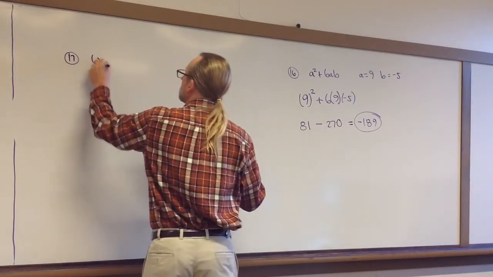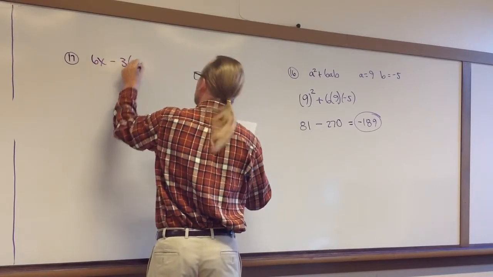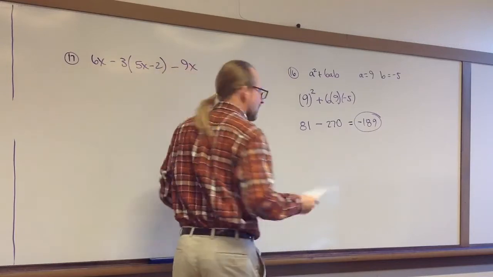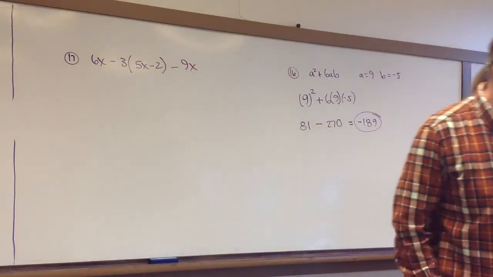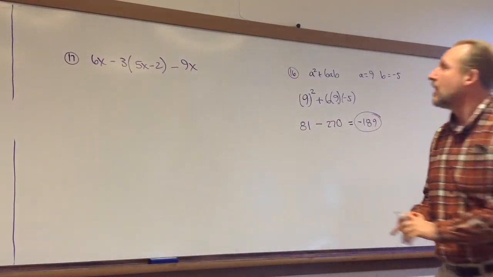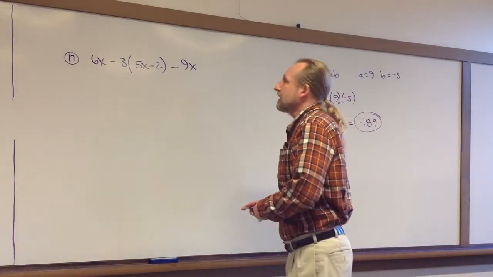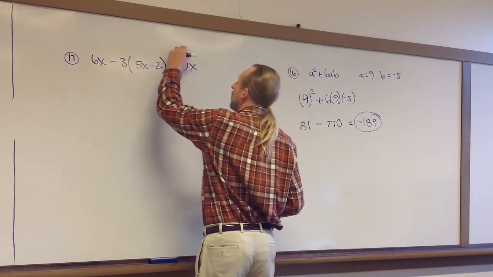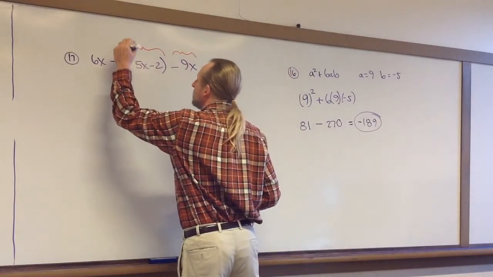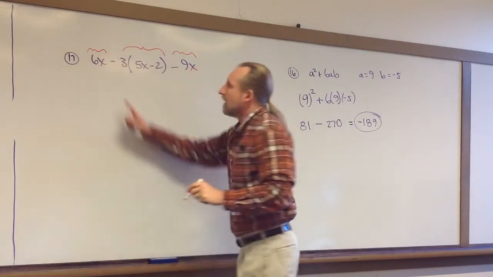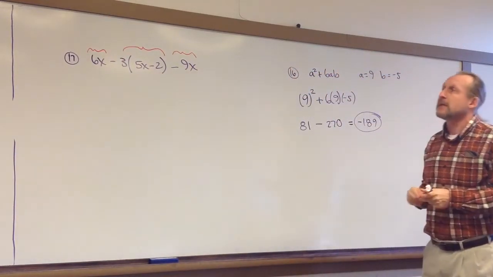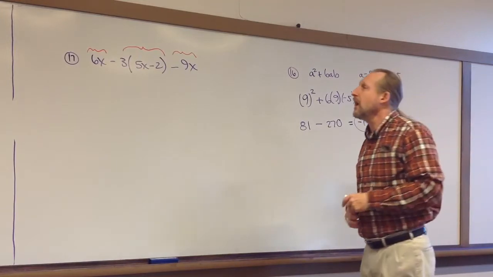What do we get? 6x minus 3 times 5x minus 2 minus 9x. So, this is about combining like terms. If you remember when we covered this topic, I encouraged you to look at this in pieces, right? You've got one piece here, one piece here, one piece here. These two are just going to stay there. You can combine them together if you want and make a negative 3x. That's fine.